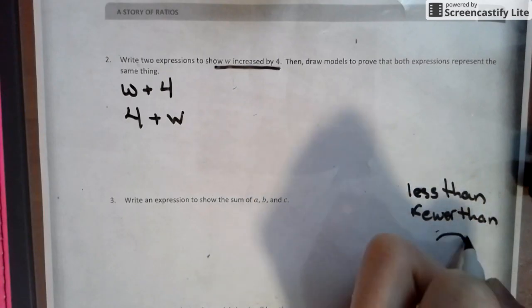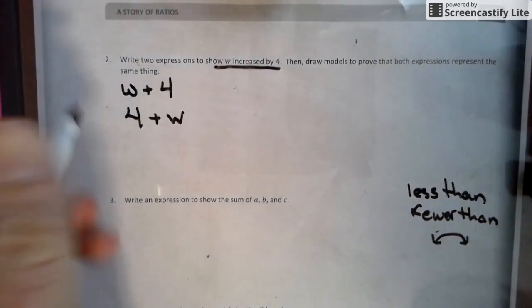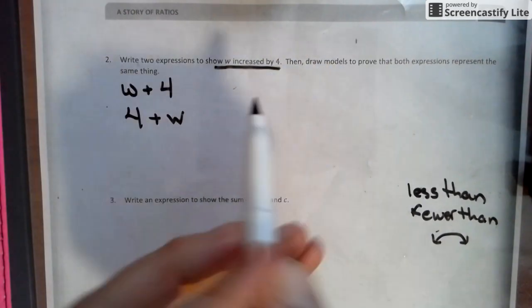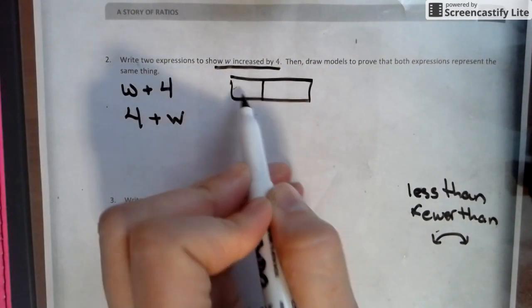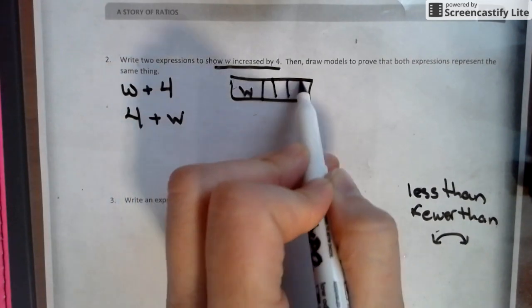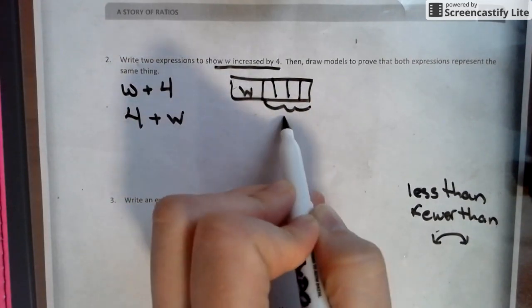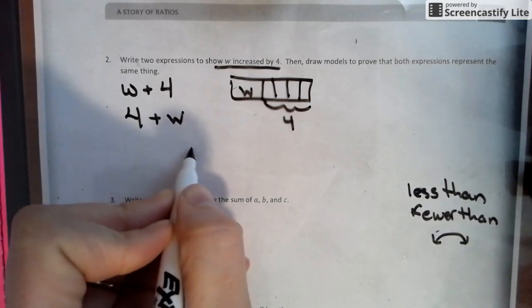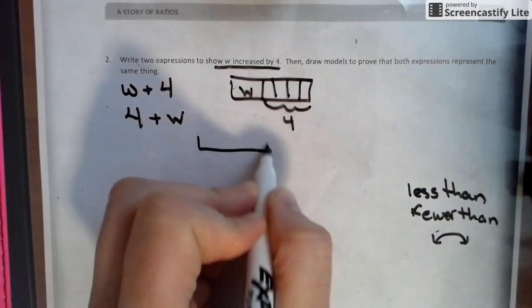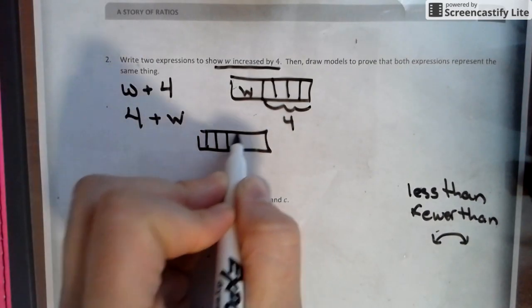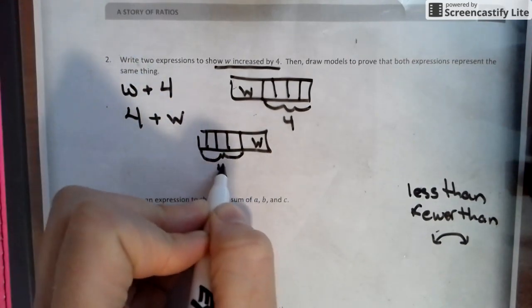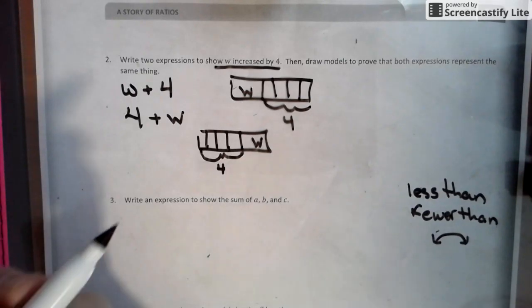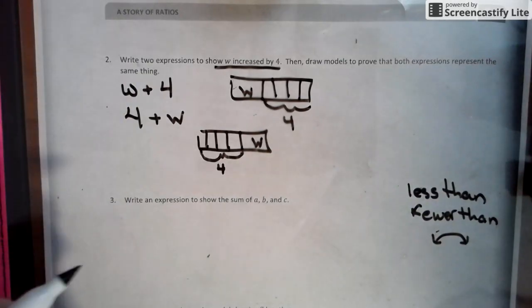That requires you to flip what you normally would do around. So if we were drawing models to represent this, if we had a little tape diagram, we could call this W and then plus the 4, like that. Or we could have the W and the 4 in the other order. So that's just an easy way to do it if you need a little help on that.